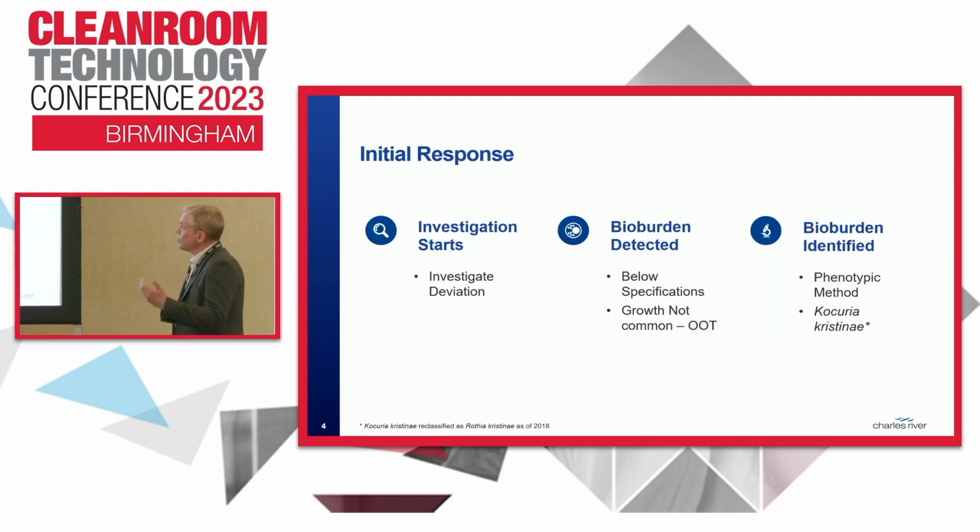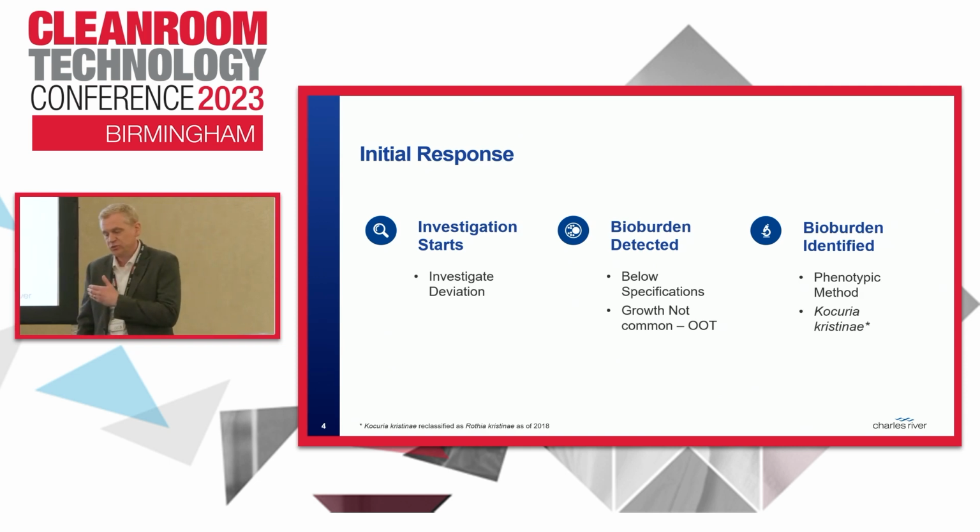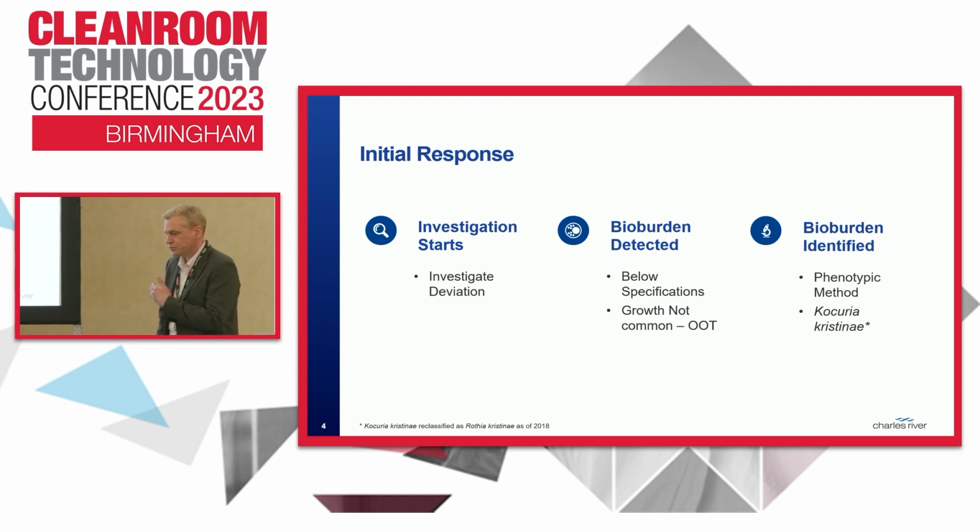Just to go through the initial response to the out-of-spec, an investigation was opened for the deviation. Routine bioburden testing revealed there was growth below specification, but it was noted that the growth was not common, it was out of trend. To help understand what was happening, they decided to identify the bioburden.